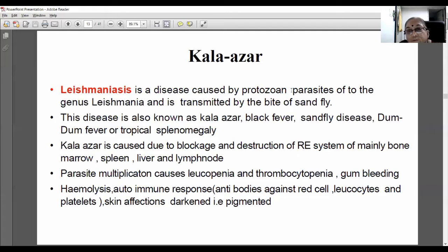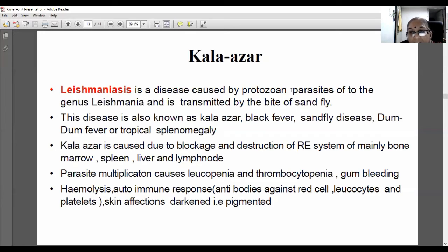Kala-Azar is caused due to blockage and destruction of the RE system, mainly the bone marrow, spleen, liver, and lymph nodes. Parasite multiplication causes leukopenia and thrombocytopenia. Leukopenia is the destruction of WBCs, and thrombocytopenia is the destruction of platelets.